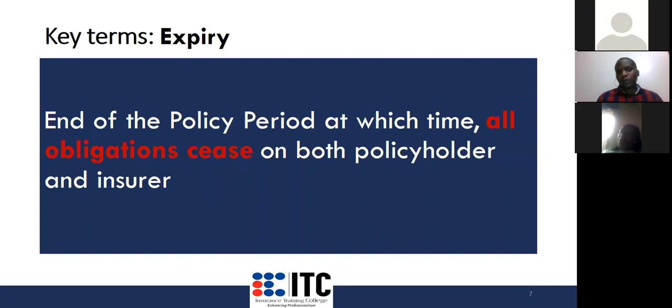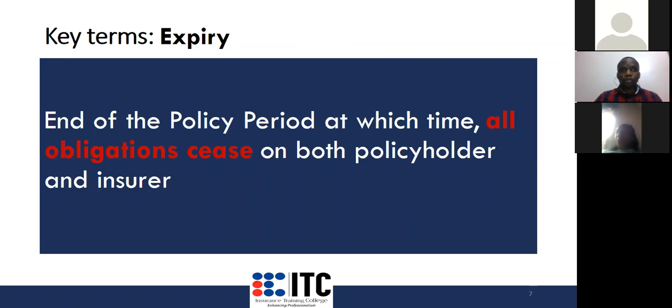When we look at expiry, I'd like to explain it with other utilities that we use that do expire. For example, when you look at your umeme or your electricity, when we pay for our yaka, we pay for certain units. When those units end, the benefit of electricity expires and we have to purchase more.